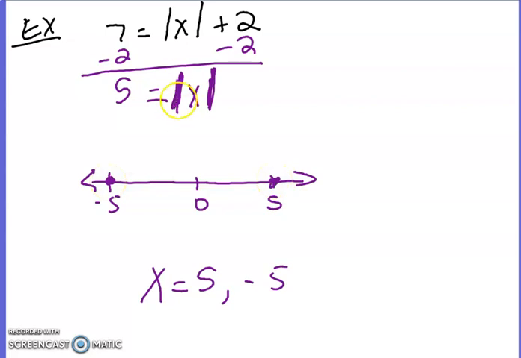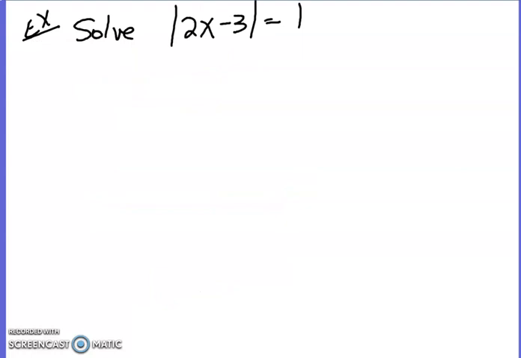So with absolute value, you're going to see that there are going to be 2 possible answers. It actually could be a positive or it could be a negative. Again, the definition is the distance from 0 to that number. So let's look at this. This inside value, when I take the absolute value of it, will equal 1. Well, this inside value could be 1. In other words, the absolute value of 1 is 1.